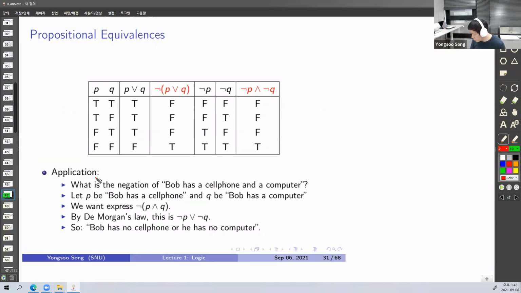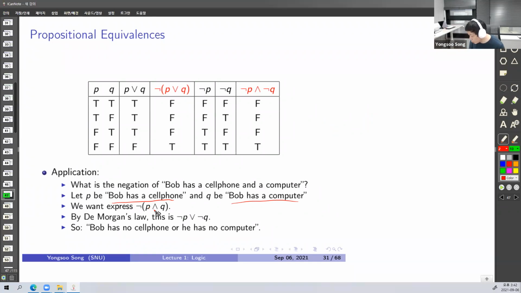And one application is when you think of the negation of this proposition, bypass a cell phone or a computer. Let P denote the proposition bypass a cell phone, and Q the proposition bypass a computer.